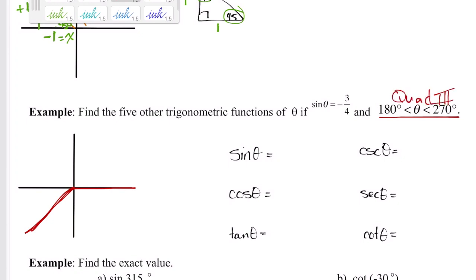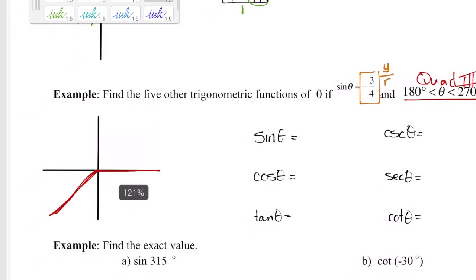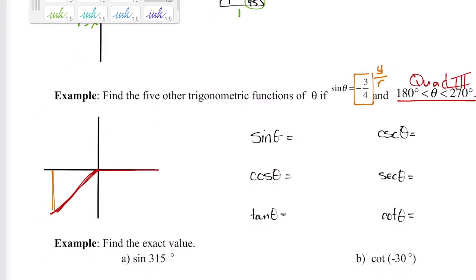And they've told me the sine is -3/4, which means they've told me my y value and my r value. I know that r is always positive, so then it's the 3 that's negative. So -3 and 4, which means I need to try to figure out what my x value is going to be.